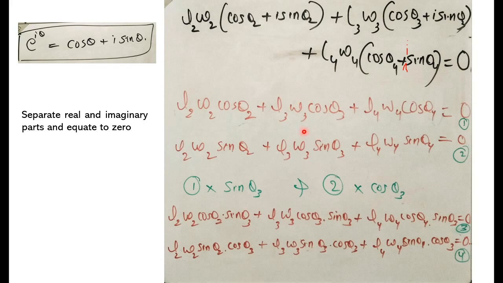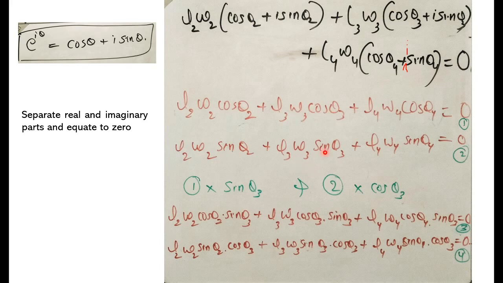To do that, you have to make the cos θ3 term, or ω3 term, the same in both expressions. In the first expression it is L3 cos θ3 ω3, in the second it is L3 sin θ3 ω3.